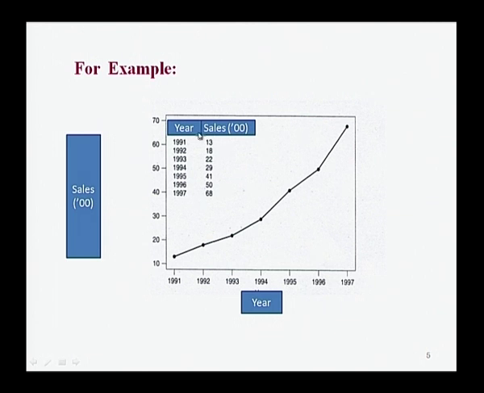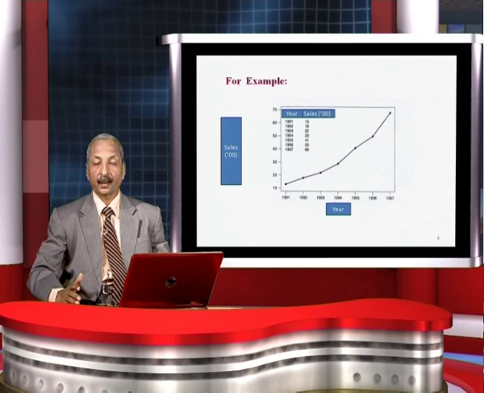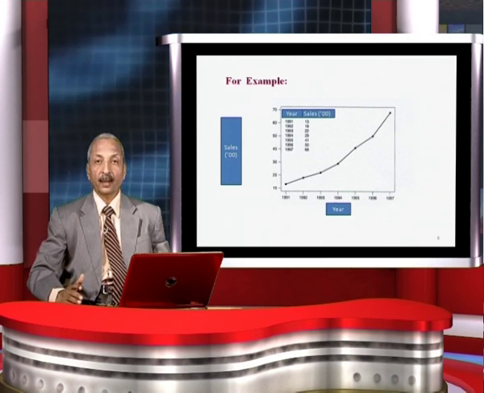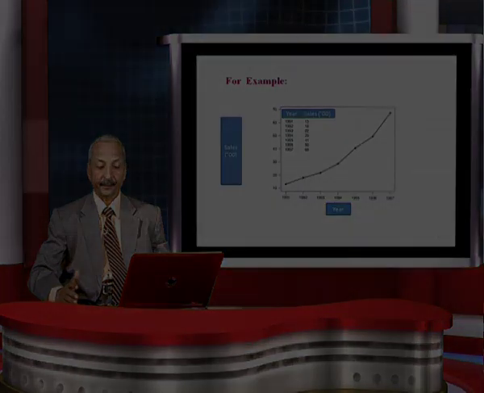So, this is a time series data, or simply a time series, and if we plot these data, then we can see that there is an increasing trend in the sales of this particular commodity over the last few years. And by using some statistical techniques, this information can be used to forecast the sales for the coming years.